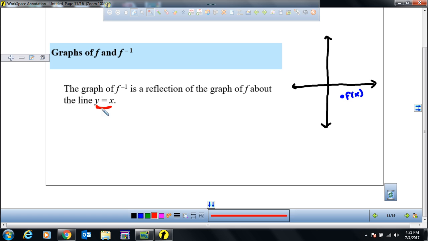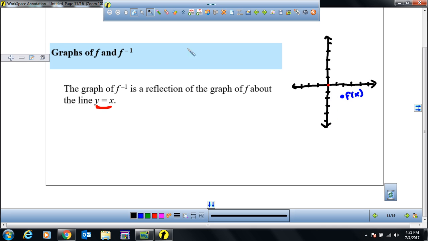Now, what does it mean by the line y equals x? It is a line that has a y-intercept of 0 and a slope of 1 over 1. So that's what the line y equals x basically represents.